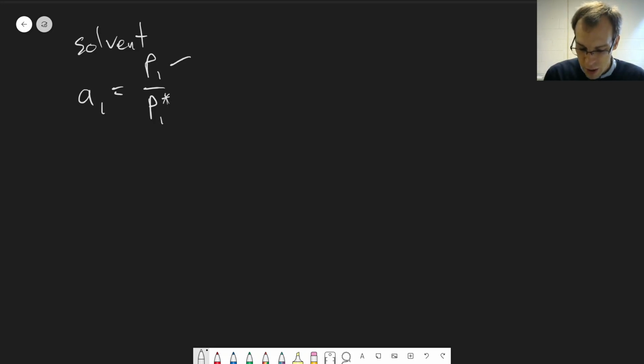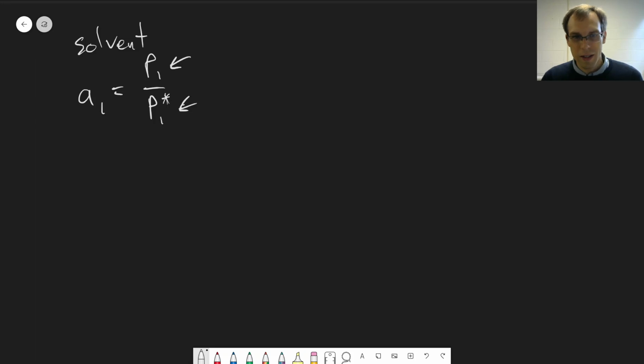If you measure P1 as a function of mole fraction for our solvent, as you get more concentrated solutions, you can see this vapor pressure decrease, and you can directly calculate the activity, because you have the value of P1 star at the given temperature.